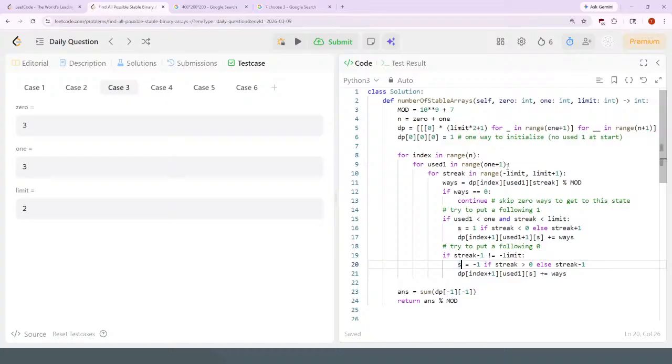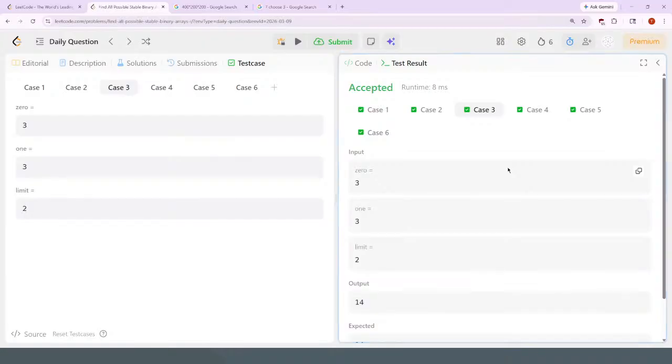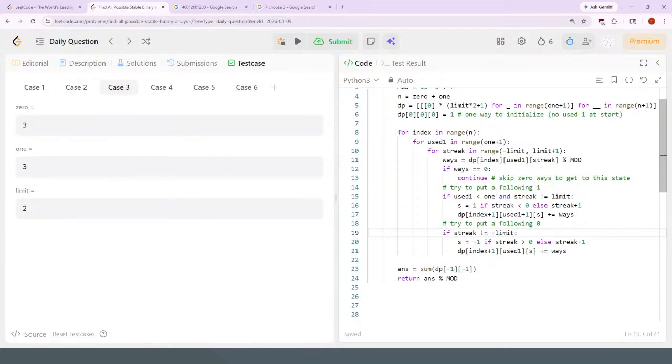Streak minus 1 is not going to be limited. I think there should be a streak not equal to negative limit. Whoops. There should be streak not equal to limit. Okay. Wow, I'm surprised that my previous code worked at all. That was a pretty big bug.